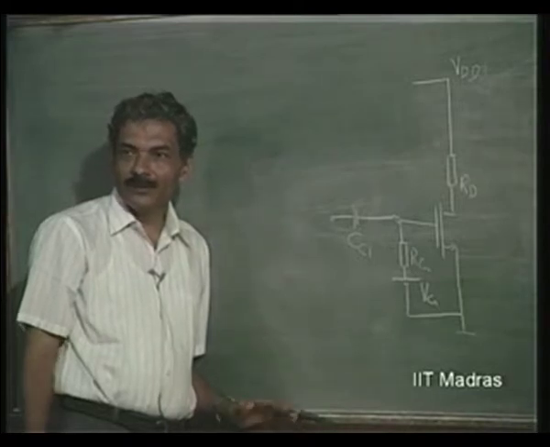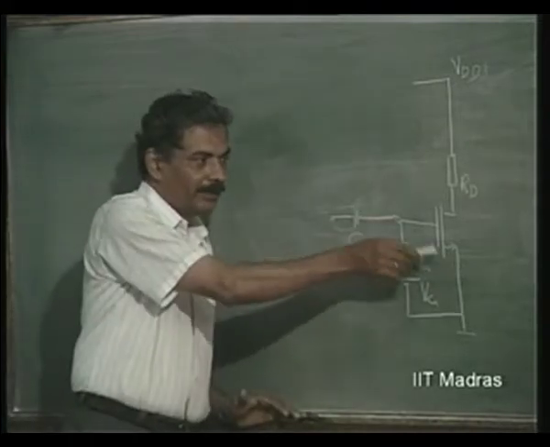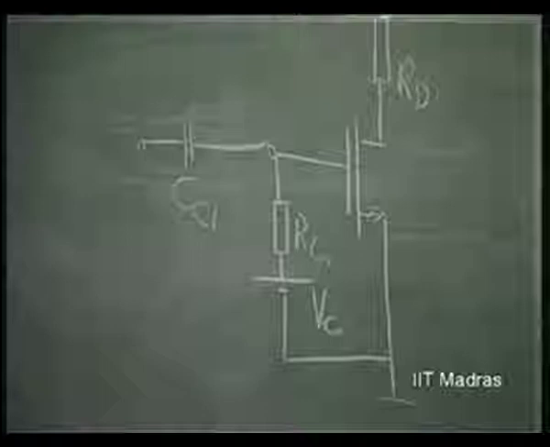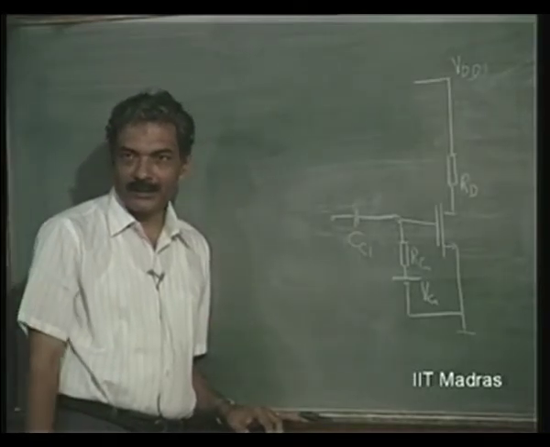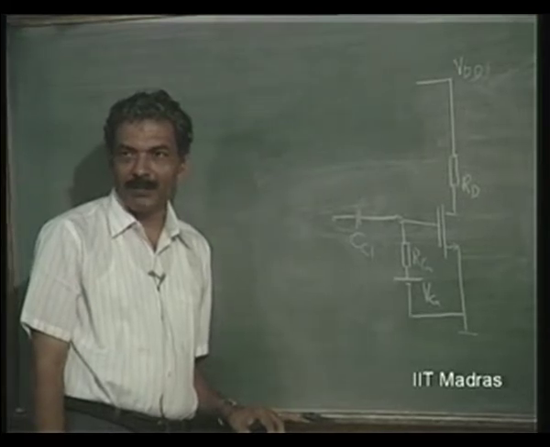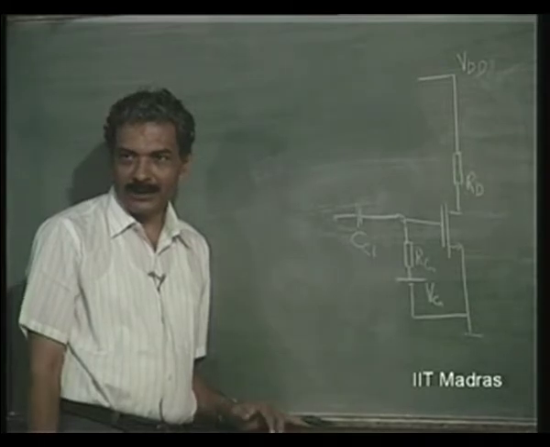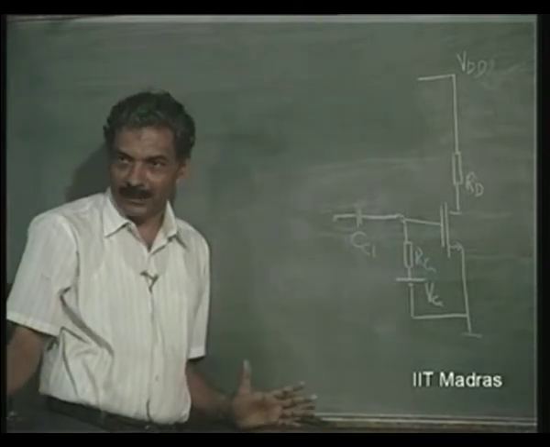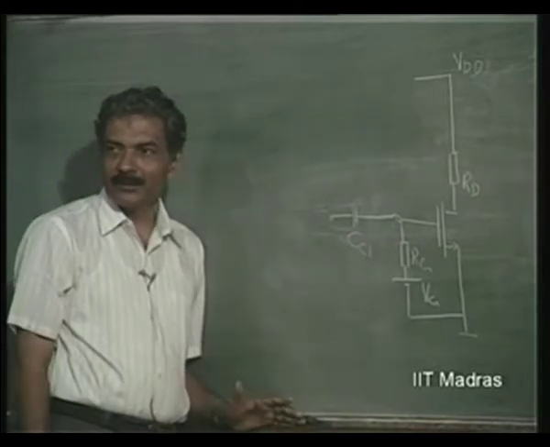So, this RG is made pretty high in the case of field effect transistor, of the order of, let us say, few hundreds of kilo ohms, because the actual impedance of the field effect transistor is of the order of what? It is an open circuit, right? It is a field oxide. So, it is of the order of 10 to the power 12 ohms or so, almost nearly. So, you can put even resistances of the order of mega ohms if they are available readily, no problem. So, this impedance is not going to get affected at all.